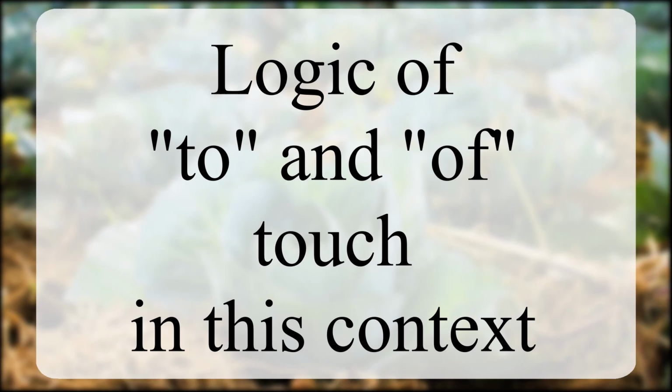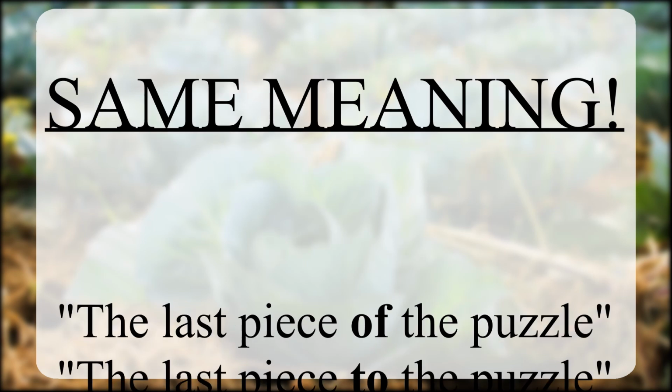A note here about the prepositions to and of. I mentioned that the question and the answer are like puzzle pieces. The interesting thing is the logic of the prepositions to and of touch in this context. The last piece of the puzzle, the last piece to the puzzle.